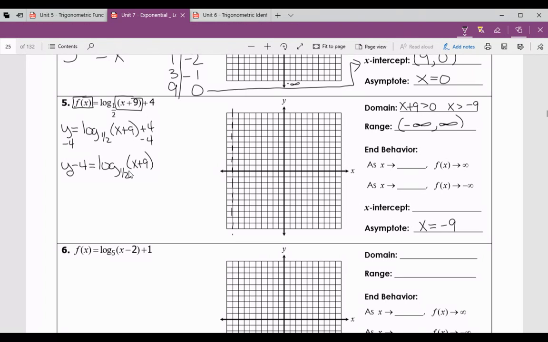So now I'm going to rewrite 1/2 to this power. So y minus 4 will be my exponent, and that's going to equal x plus 9. And then the last thing I'm going to do is subtract 9 from both sides. My final equation is 1/2 to the y minus 4 power minus 9 equals x.